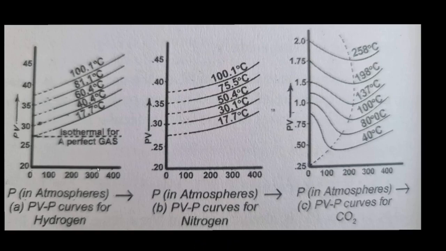First of all, we are taking the hydrogen gas. Hydrogen is in the class of gases having very low critical temperature. Its isotherms at different temperatures are almost parallel here and become a straight line above 100 atmospheres.